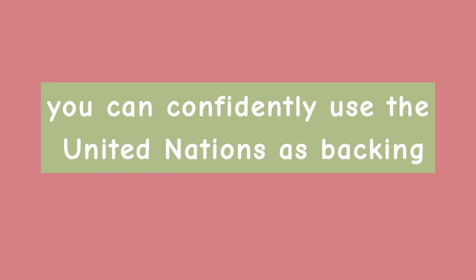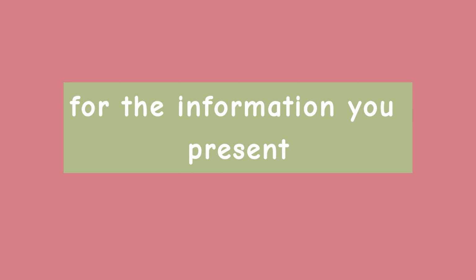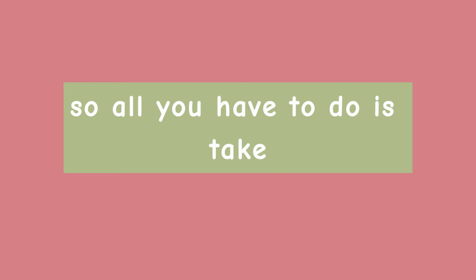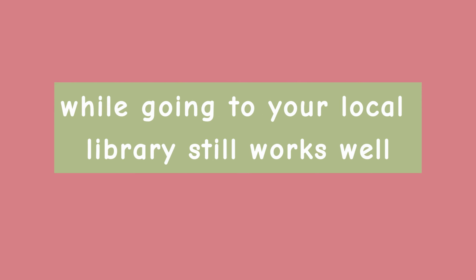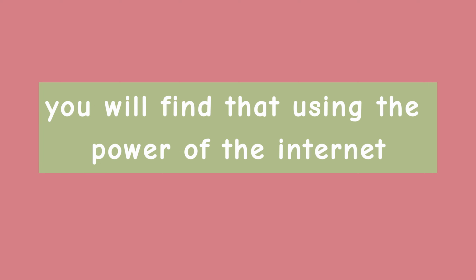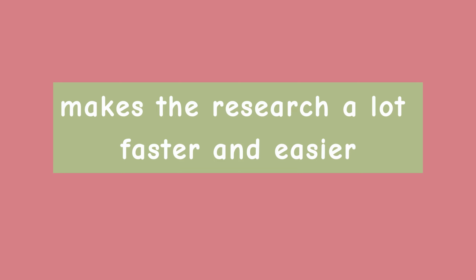As such, you can confidently use the United Nations as backing for the information you present. Please bear in mind that virtually all of this information is freely available. So, all you have to do is take the time to do the research. While going to your local library still works well, you will find that using the power of the internet makes the research a lot faster and easier.